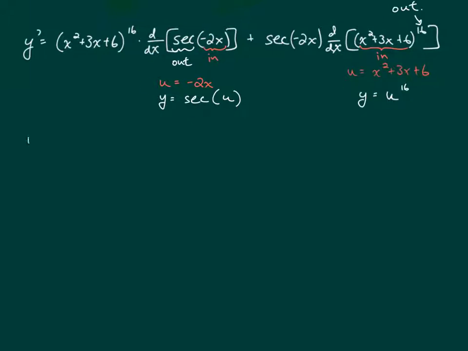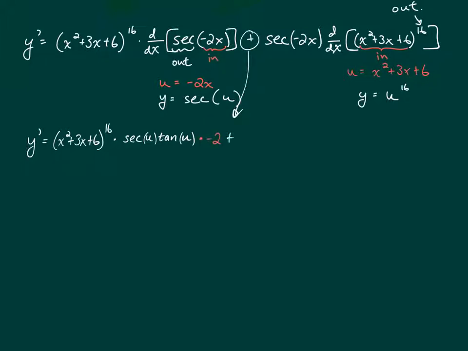So we end up with y prime equals, we have (x squared plus 3x plus 6) to the 16th power times the derivative of secant u, right? We have to take the derivative of y with respect to u. So the derivative of secant u is secant u tangent u. And then the derivative of u with respect to x is times negative 2.